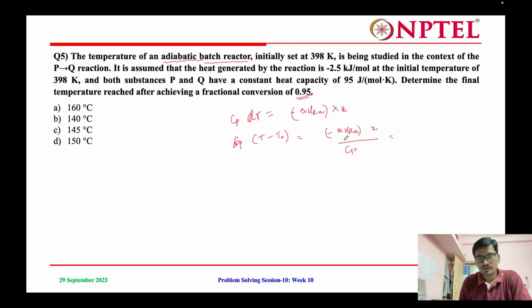Now the heat of reaction is given as minus 2.5 kilojoule per mole, which we convert into joule, the conversion is given as 0.95, and Cp is given as 95 joule per mole Kelvin.